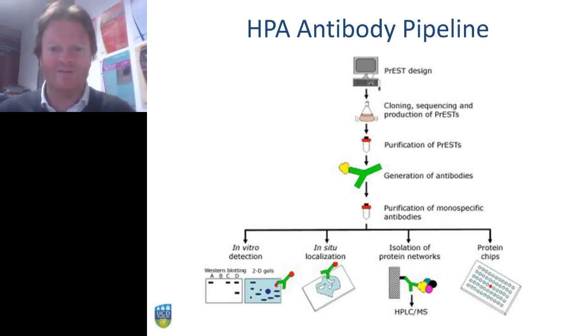These are rabbit polyclonal antibodies that are monospecific rather than monoclonal antibodies, and these are then tested briefly by Western blot and predominantly also by a protein array. So all of the different PrESTs that are generated are also spotted on protein chips and are used to test the specificity of the antibodies that are actually made.